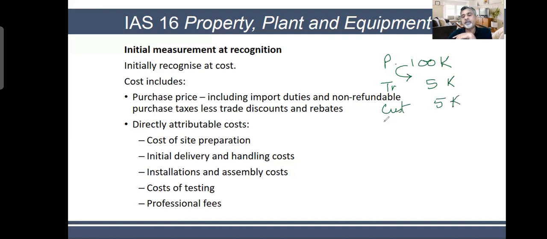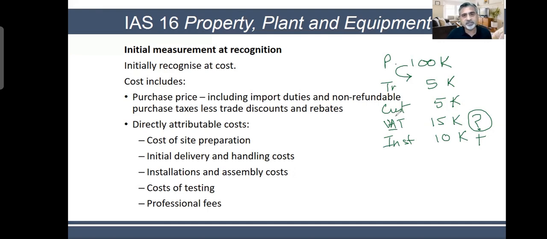Then you pay VAT, maybe 15K, should we add it or not? That is a question. Then you pay the installation of 10K, it should be added. VAT is under question because if your business can recover the VAT, then it is not added because ultimately you will recover it.